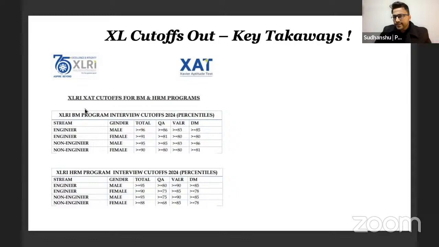And with HRM, it will be mostly why HRM, why you want to go into HRM, and are you really passionate about the program, about working for people, and if you know anything about human resource management. This will be tested. Your technical knowledge of previous work experience and everything will be tested. And again, they will be asking behavioral questions and seeing whether a person is able to answer about themselves.